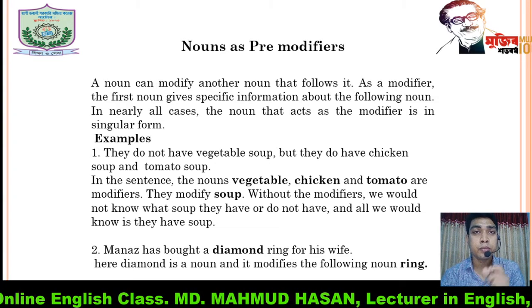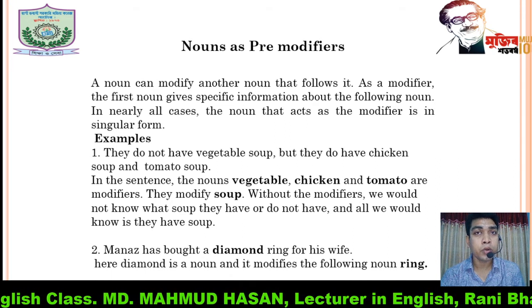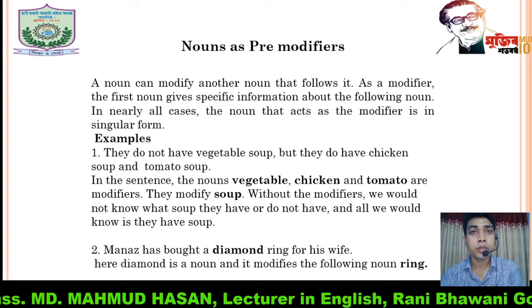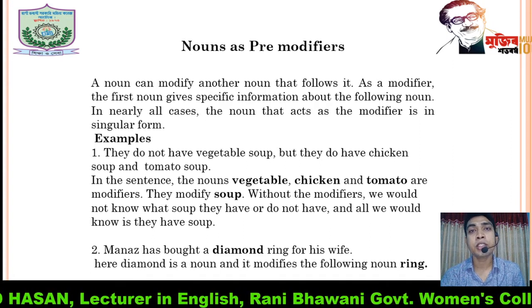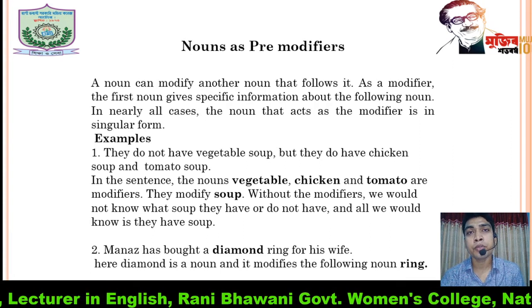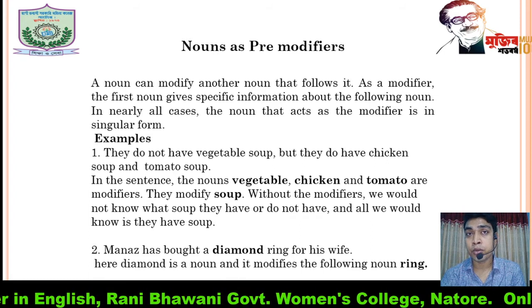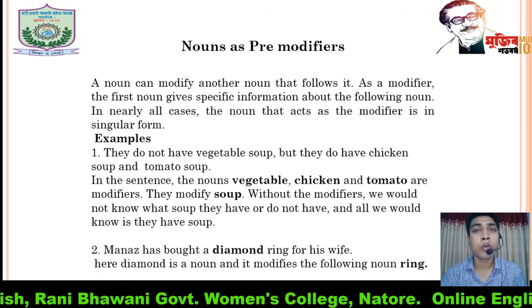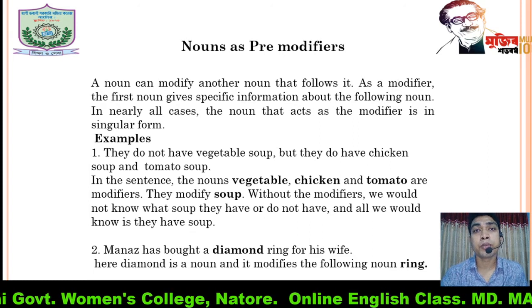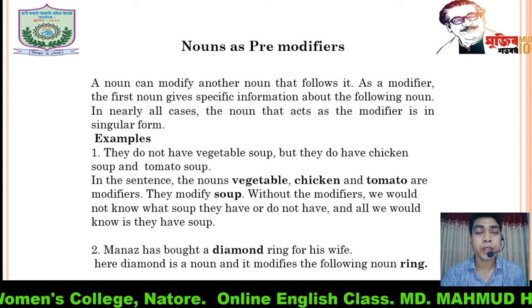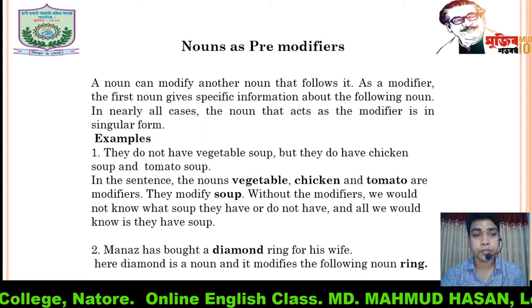Vegetable soup, vegetable is a noun, soup is a noun. The first noun, vegetable, is functioning here as the premodifier of soup, another noun. And that is why we call it noun adjective. Noun is performing here as the modifier of another noun.